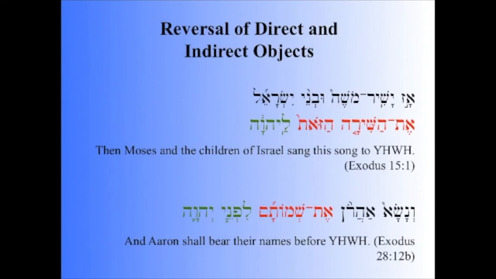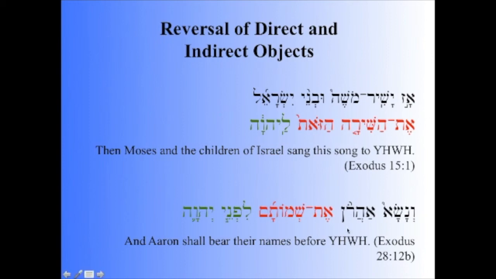Also, I just wanted to give you a couple examples where there is a reversal of indirect object, direct object. Here in Exodus 15:1, the direct object occurs first, and then the indirect object, probably because the text is calling attention to the song of the sea that is to follow.